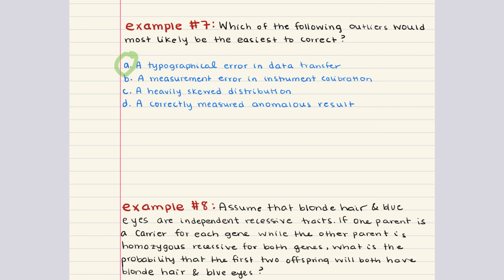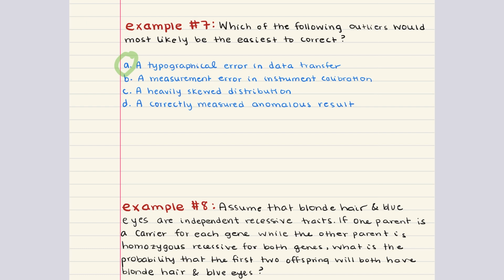Finally, D says a correctly measured anomaly result. So this reflects genuine variability in the data, not an error. And it might indicate an unusual but valid observation that could require further investigation to determine its cause and or its relevance.